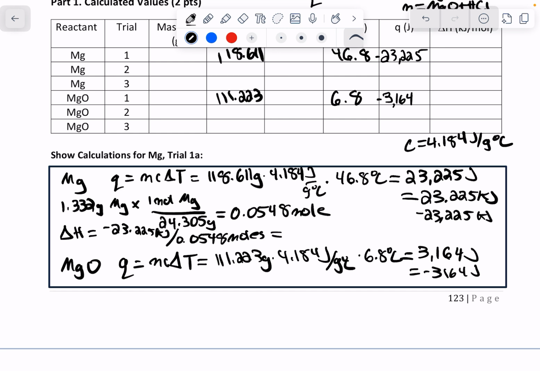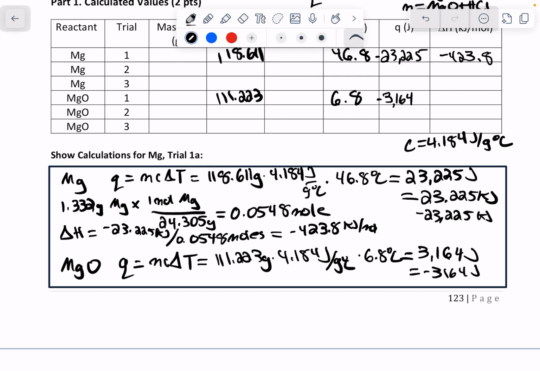And I got an answer of 23.225 divided by 0.0548, negative 423.8 kilojoules per mole. So that would be over here, negative 423.8 kilojoules per mole. I don't need the unit because it's right there.